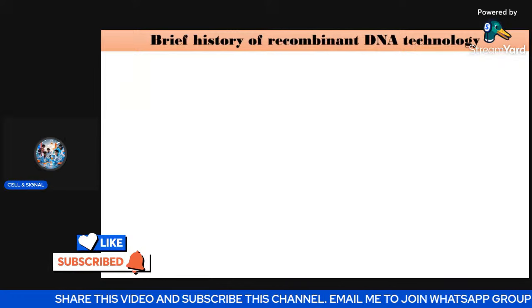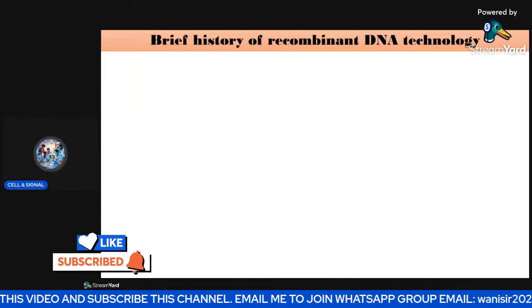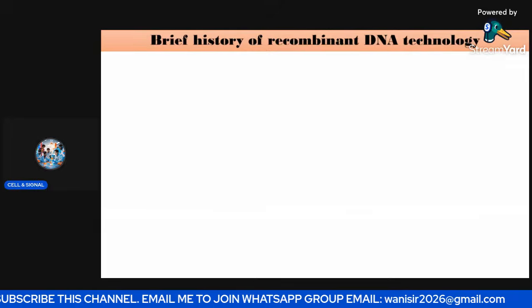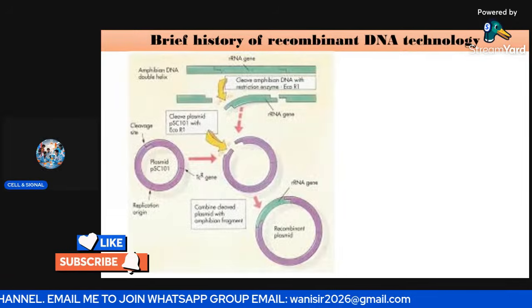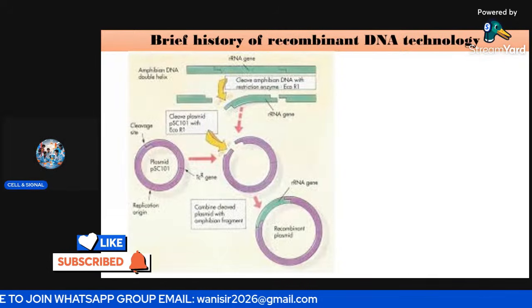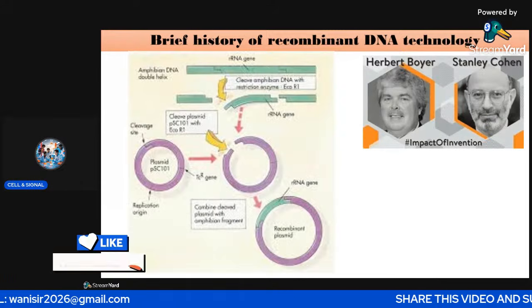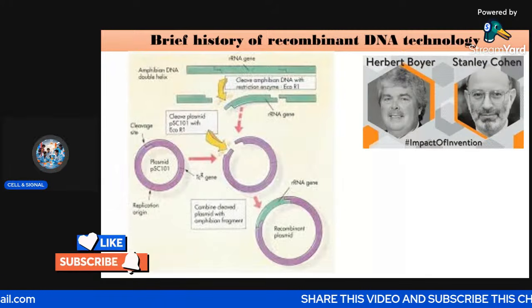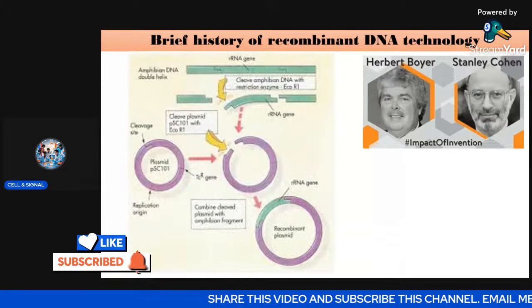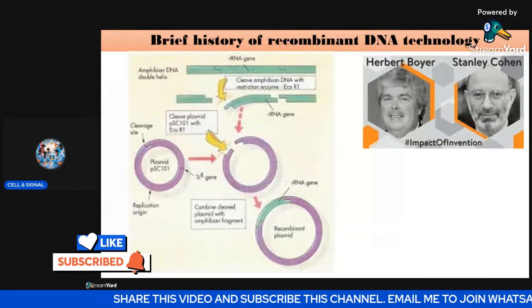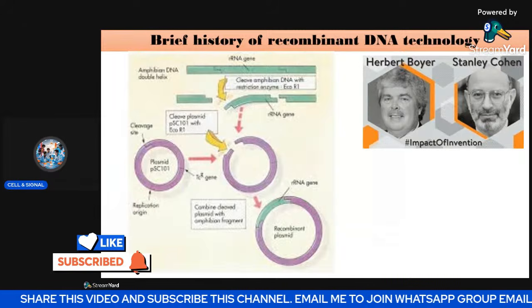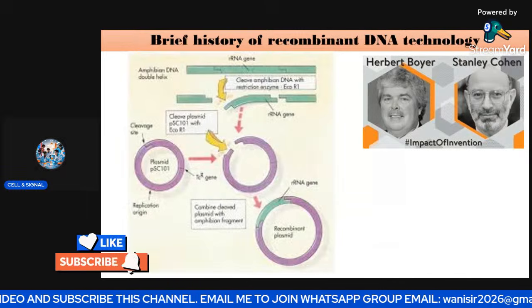First of all, then we will see the brief history of recombinant DNA technology. That means where this has come from and how this concept has developed. The two scientists were Herbert Boyer and Stanley Cohen. What they did, they first developed the recombinant plasmid.